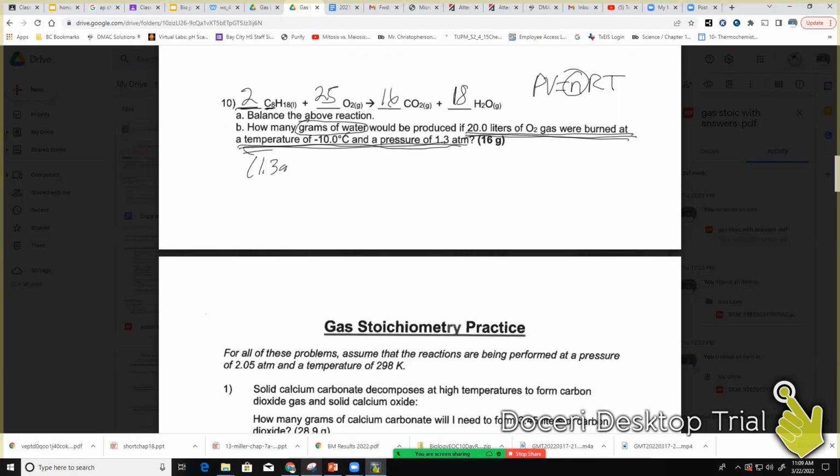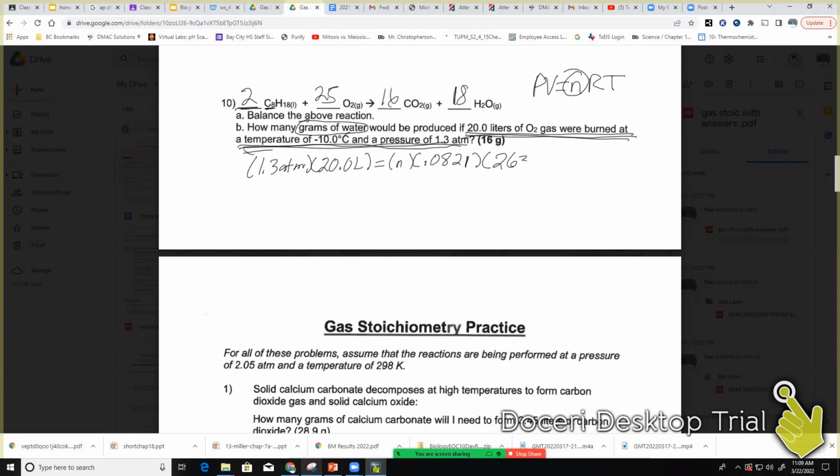So 1.3 atmospheres. My volume was 20 liters. I'm interested in the n. That's usually what you're interested in on these. 0.0821, the only one that I remember off the top of my head.